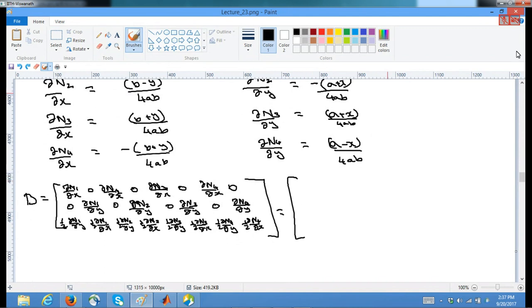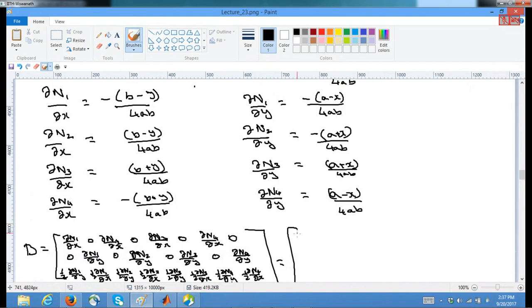The first row is minus (b minus y) by 4ab, 0, (b minus y) by 4ab, 0, (b plus y) by 4ab, 0, minus (b plus y) by 4ab, 0.